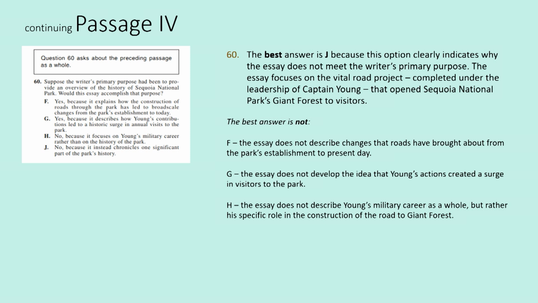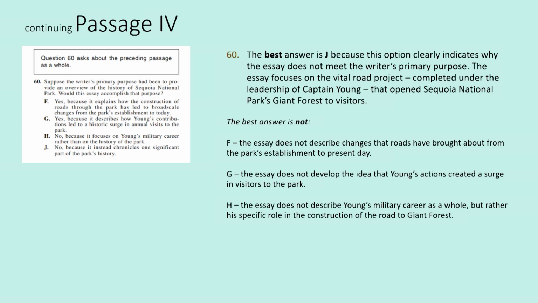The best answer is not F because the essay does not describe changes that roads have brought about from the park's establishment to the present day. In answer choice G, the essay does not develop the idea that Young's actions created a surge of visitors to the park. And H is not the best answer because the essay does not describe Young's military career as a whole, but rather his specific role in the construction of the road to the giant forest.